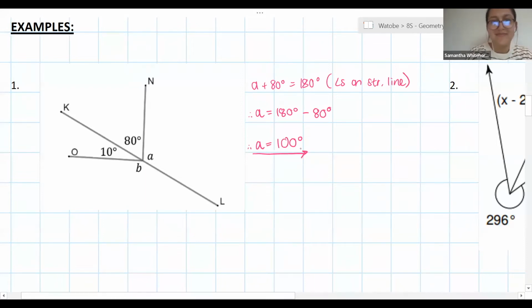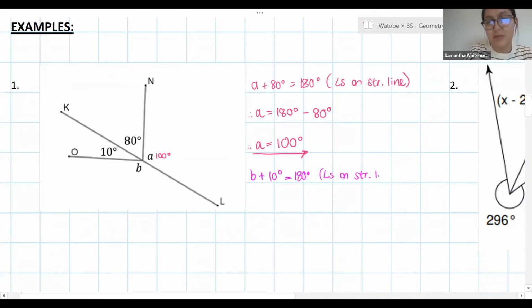Would you like to do B or should I give another one a chance? Okay, I can do B. B plus 10 equals 180 degrees. Okay. Good, and your reason? Angles on a straight line. Excellent.